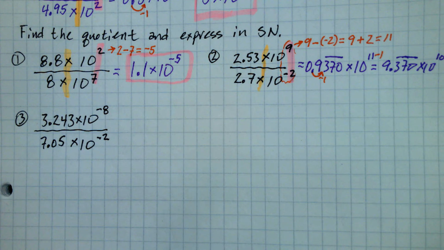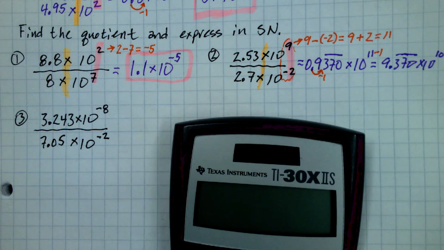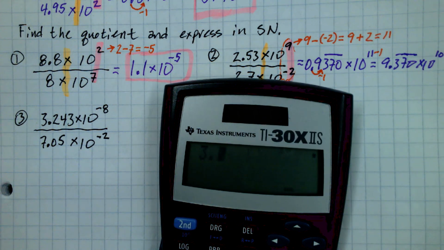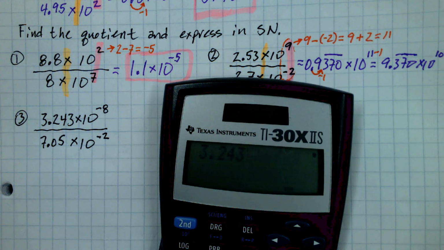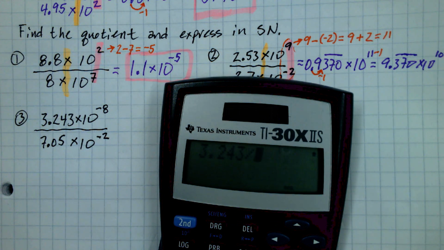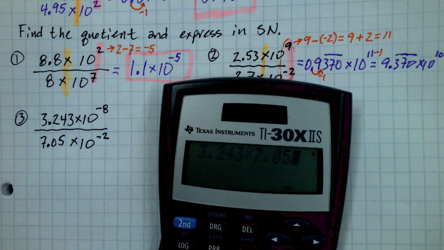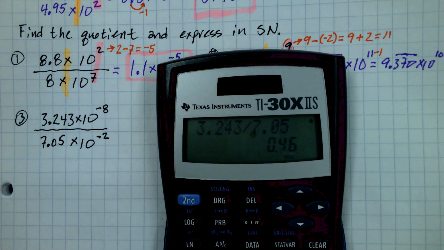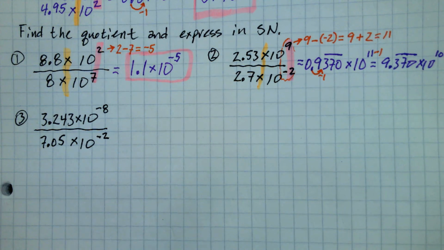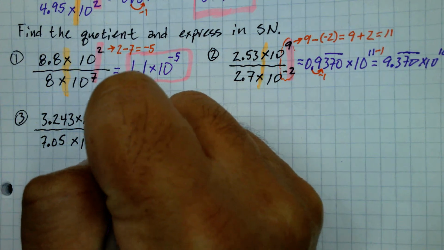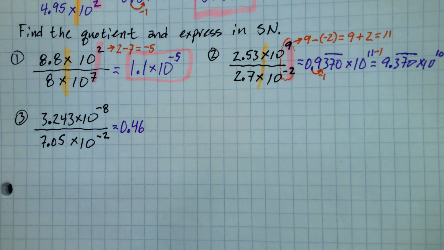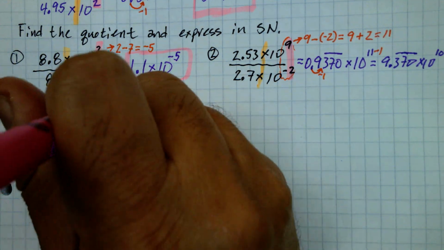Well, let's just go ahead and do that division. 3.243 divided by 7.05. At least you get a nice number, 0.46. So let's write that down. 0.46, and we expected it to be smaller than 1.